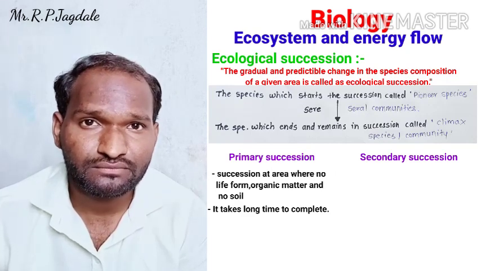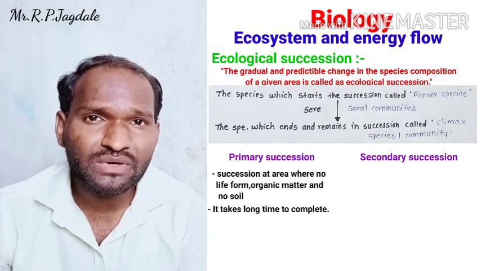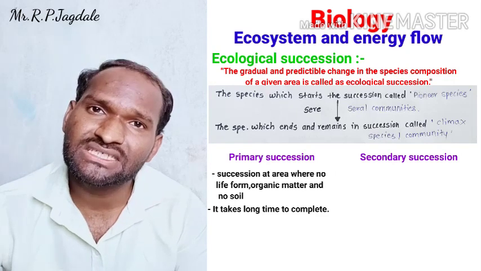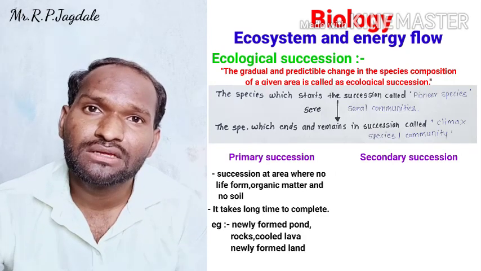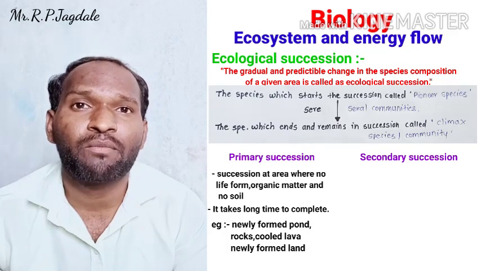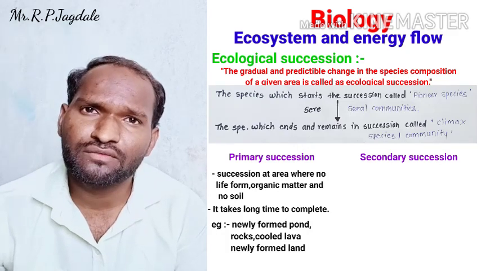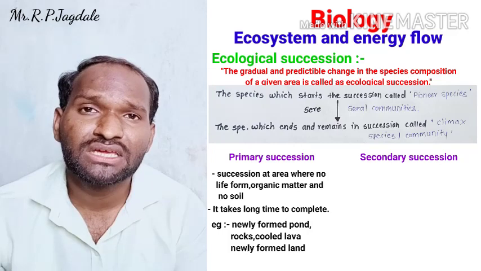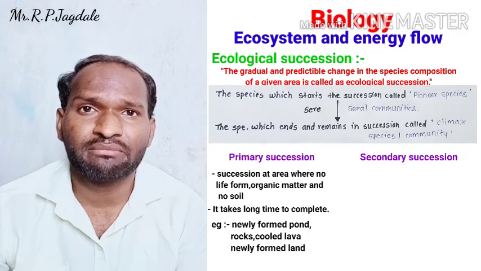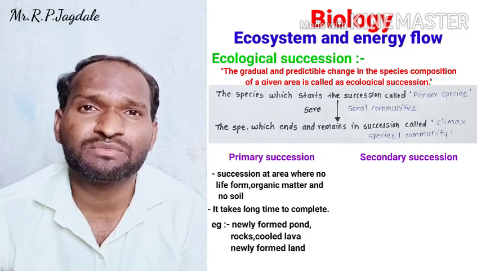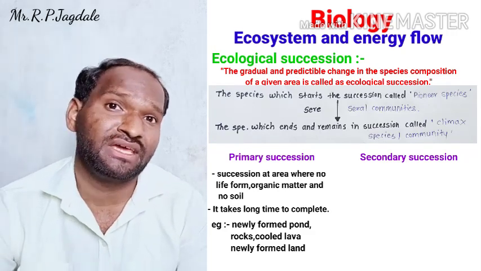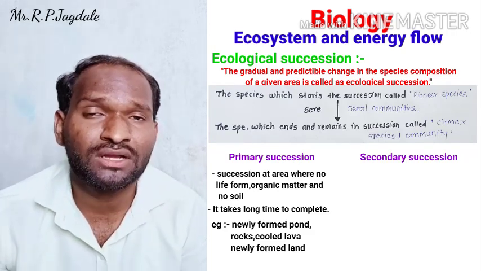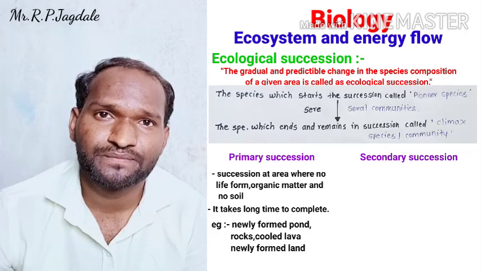Examples of primary succession: a newly formed artificial pond, where at first there is no organic matter, no soil, only the presence of water. If succession takes place there, it is primary succession.